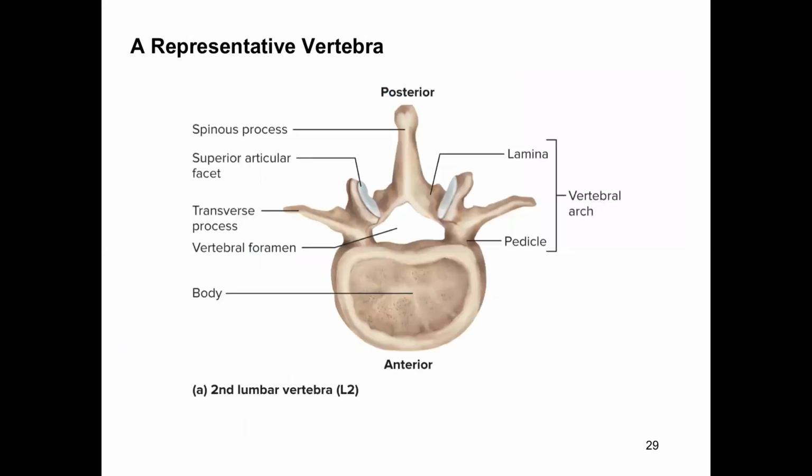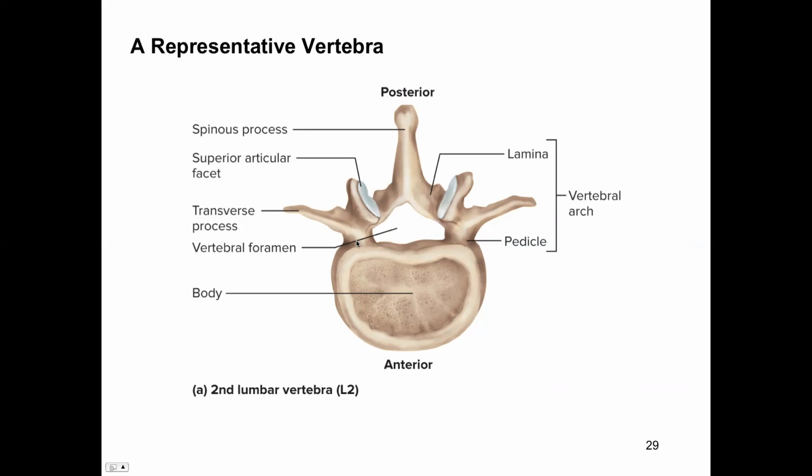The vertebrae are ones that we use a lot in lab for the different features. This is a representative vertebra. I'm going to show you a chart that compares them, because in lab you're supposed to be able to tell the difference between cervical, thoracic, and lumbar vertebrae. Some general features, and I drew a sketch on page 3 of my notes as well: here's the vertebral foramen, where the spinal cord goes down.